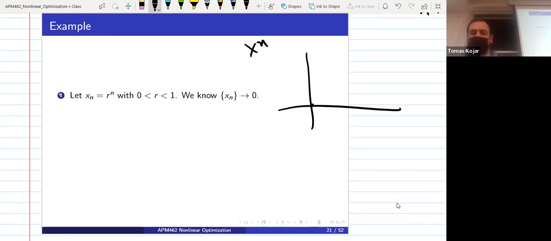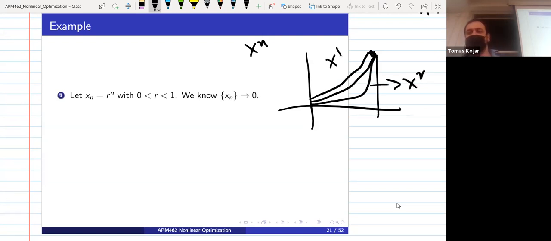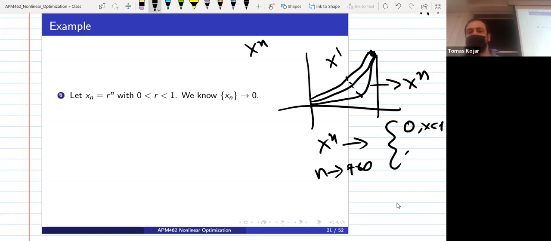So it goes to 0 when x is less than 1, and you go to 1 when x is 1.